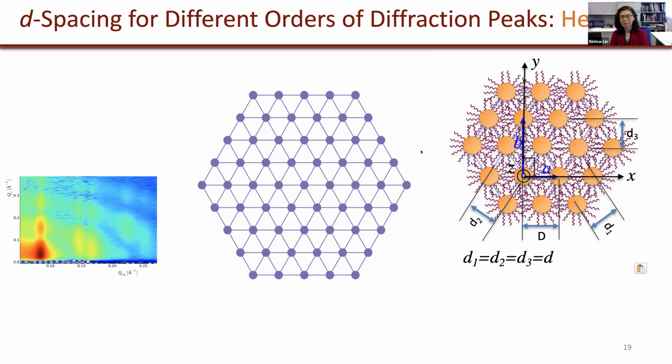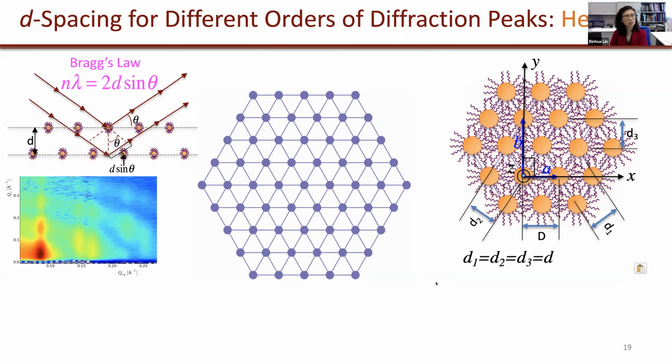So first, let's review Bragg's law for 2D crystals. The diffraction results from the interference of the X-ray scattering off periodical lines here. In 3D, you hear people saying crystal planes, but in 2D they are lines.